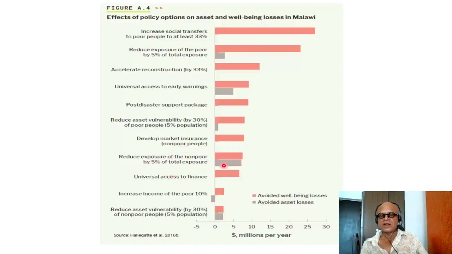You can see their asset losses also tend to be about as high as avoided well-being losses. Universal access to finance, increase income of the poor by 10%. So you have here gains, not just avoided losses. Reduce asset vulnerability by 30% of non-poor people, 5% of the population. Similar amounts of avoided well-being losses and avoided asset losses.